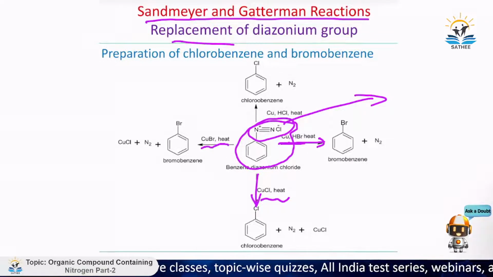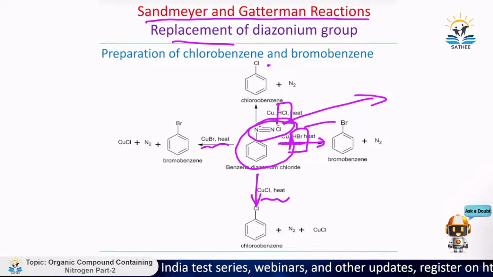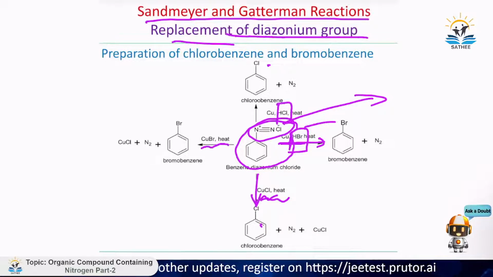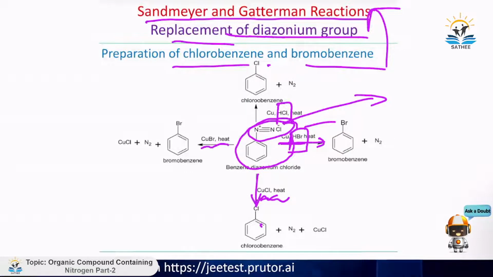Copper in the presence of HCl, then Cl will come. So if we use copper in the presence of HBr and HCl, then Br and Cl respectively come, while in case of CuCl and CuBr, Cl comes and Br comes. Replacement of the diazonium group by chlorine and bromine to form chlorobenzene and bromobenzene is called the Sandmeyer and Gattermann reaction.